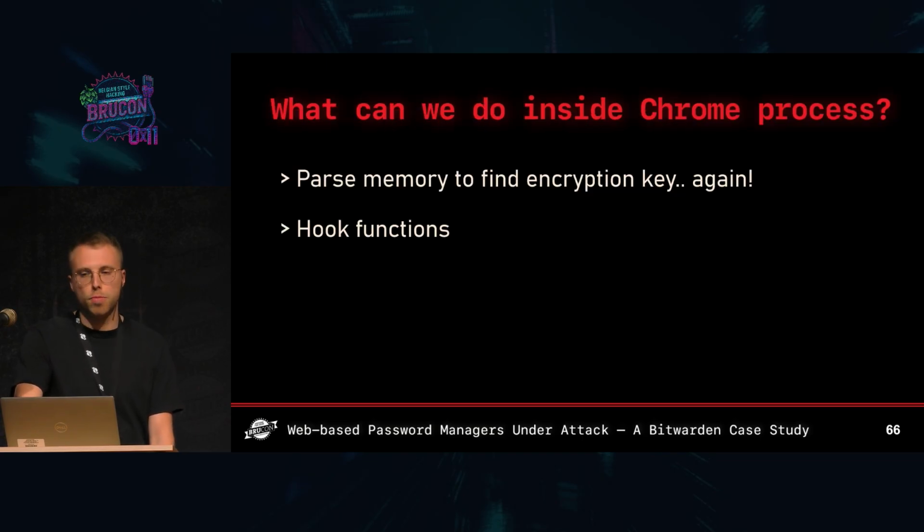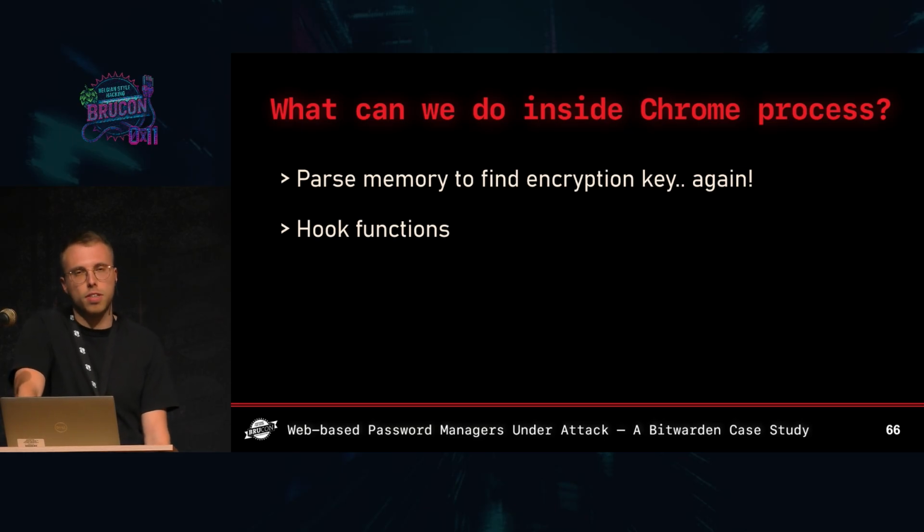And so what can we do once we are running code in the Chrome process? Well, we can start by parsing memory to find the encryption key like we did before, because we're in the process, so we can just read our own process memory. But what we can do too is function hooking.